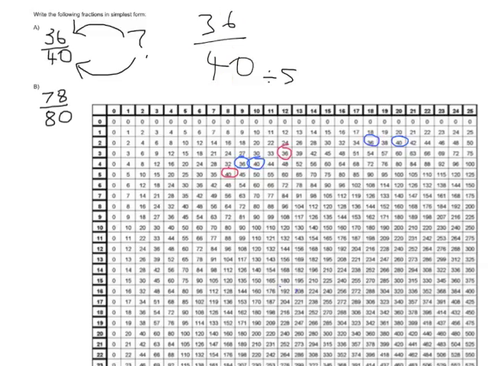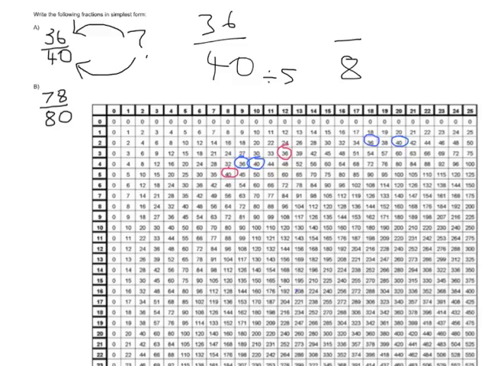So it has to be divided by the same number. So 40 divided by 5 equals 8. But does it work for 36?